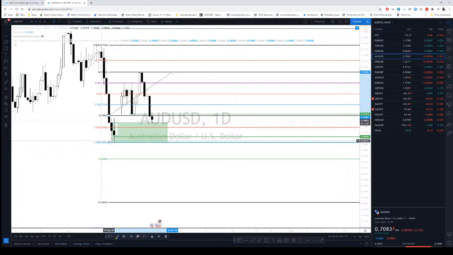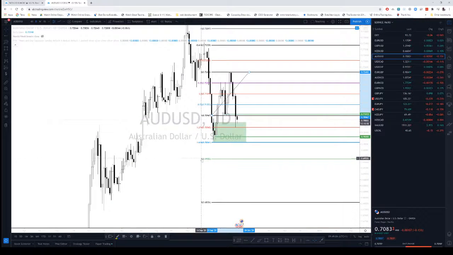So the 168 is taking out this low perfectly, so you could look for that as a target, and then the 2% as a potential downside objective, but the actual target would be this one here.